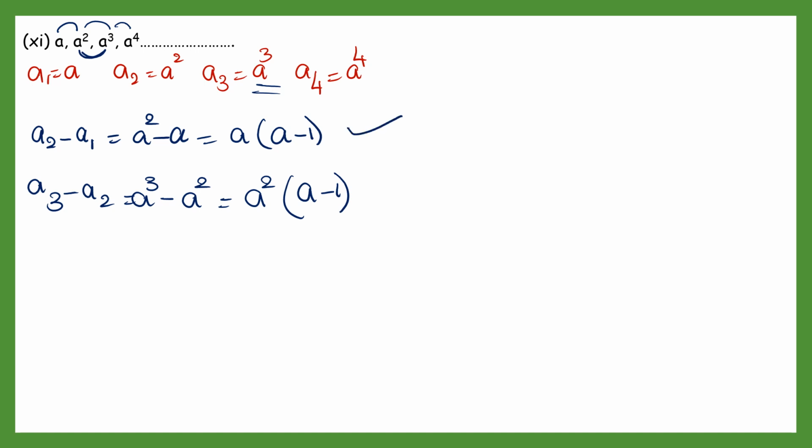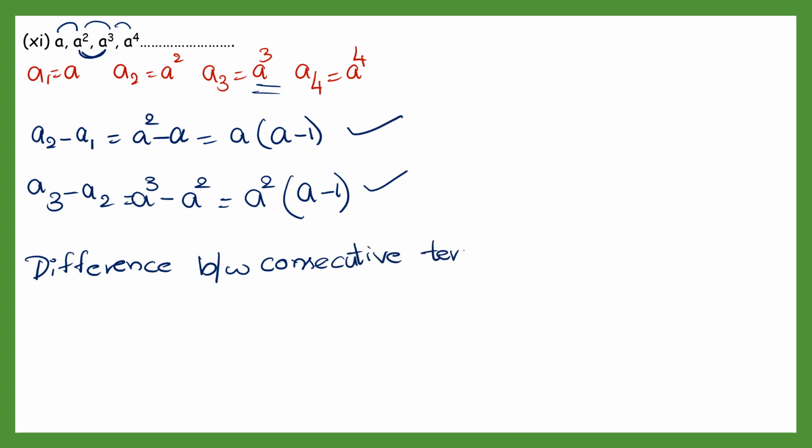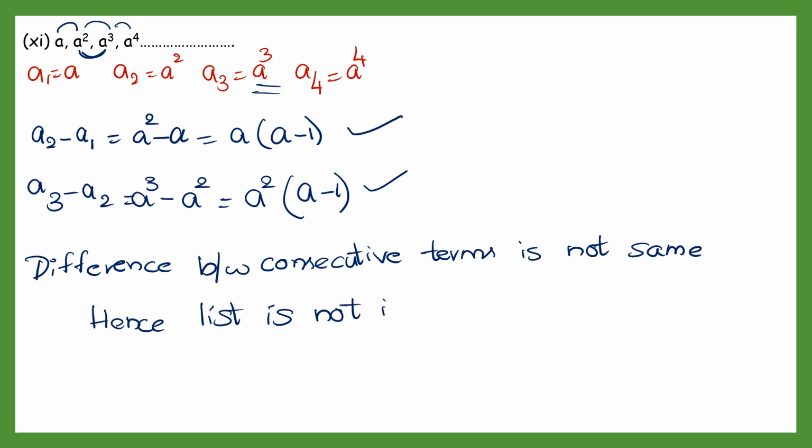So if you observe, the difference is not the same. The difference between consecutive terms is not the same. Hence, the list is not in arithmetic progression.